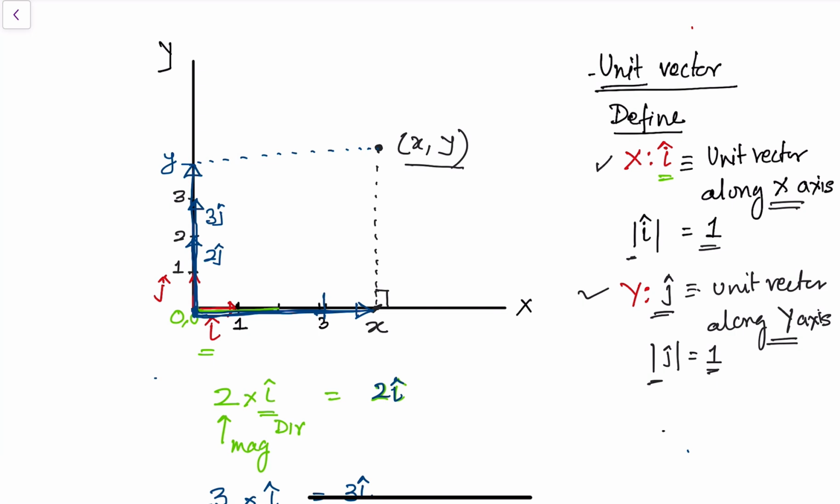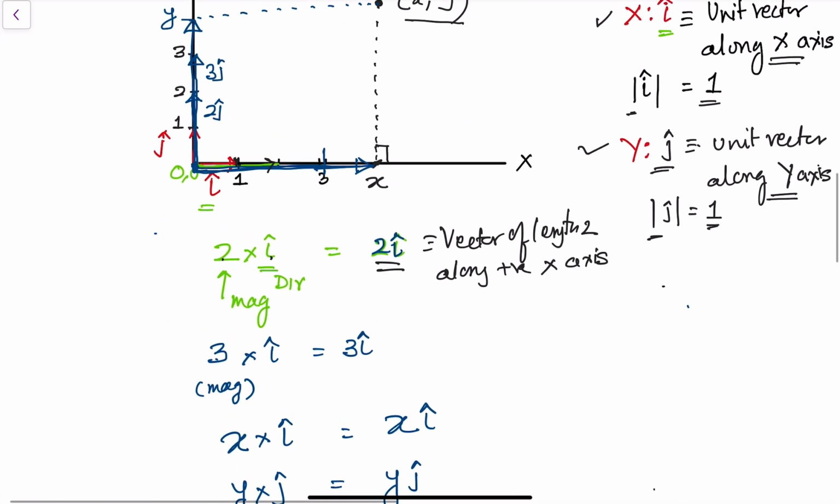So their length is 1 unit. But suppose you want a vector of length 2 units, then you multiply 2 to i cap. So you get 2 i cap, a vector of length 2 along the positive x axis.